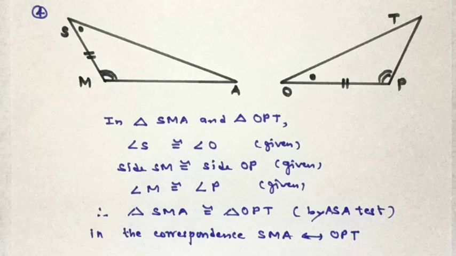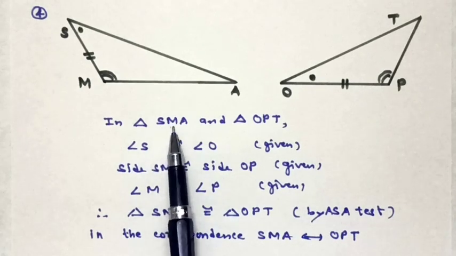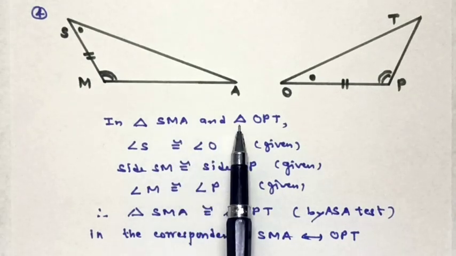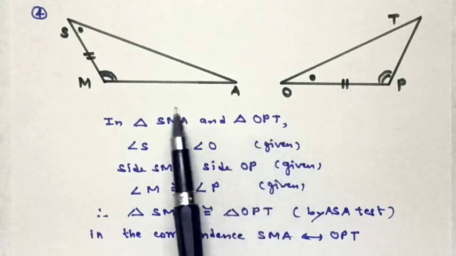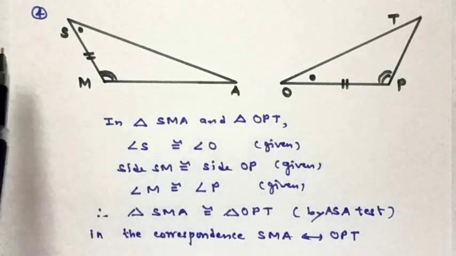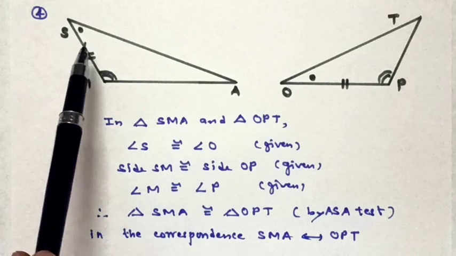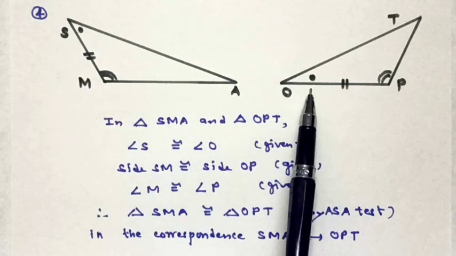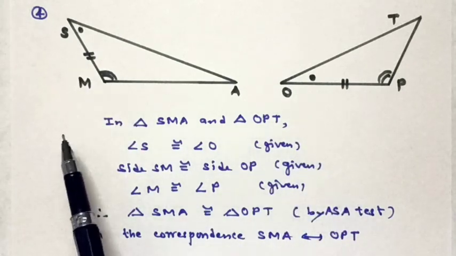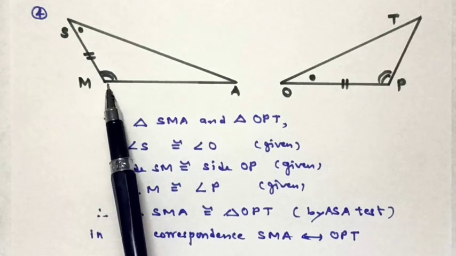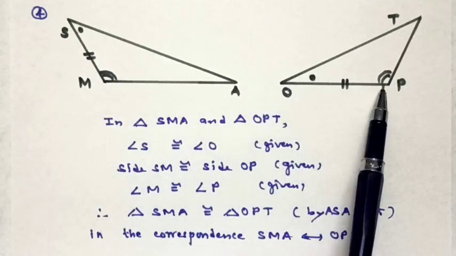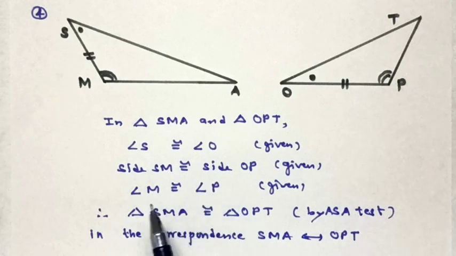Now in triangle SMA and triangle OPT, these two triangles, angle S is congruent to angle O, it is given to you. Again angle M is congruent to angle P, it is also given.